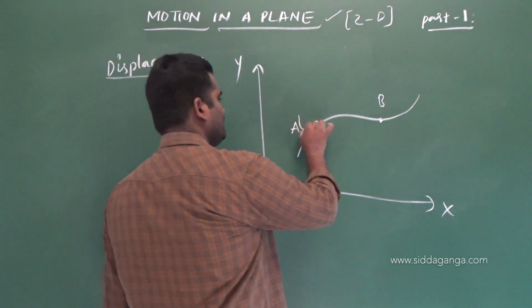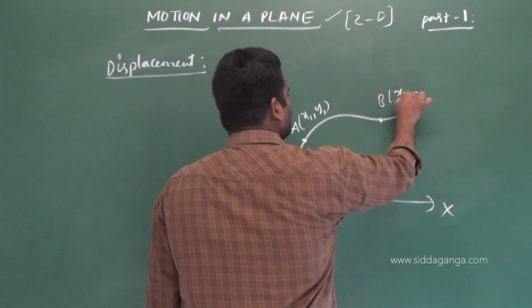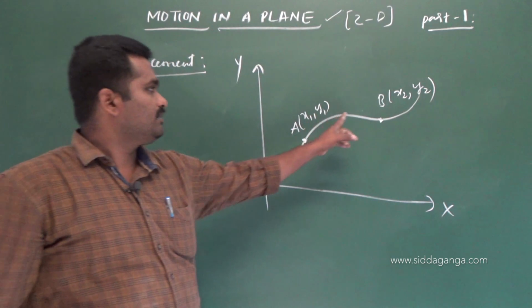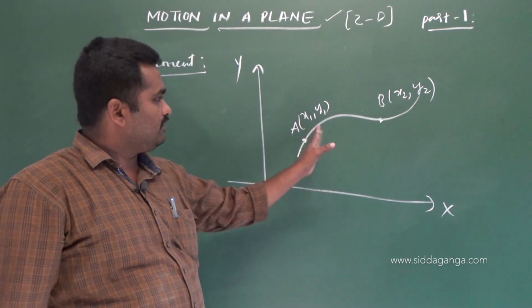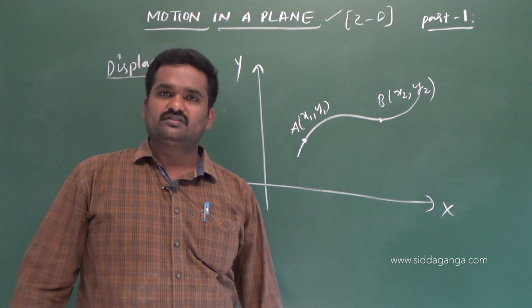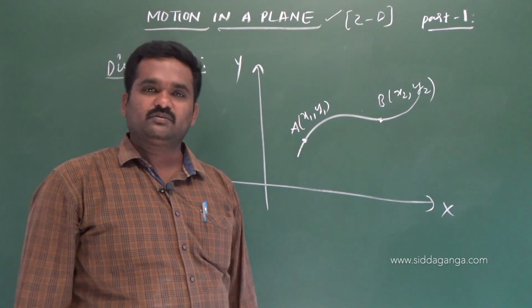Let me say they have given A as x1 comma y1 and B is a point that is x2 comma y2 they have given. These 2 points they have given there. And our intention is to find out the value of what? Displacement. No doubt, the shortest distance between initial and final position is nothing but displacement.